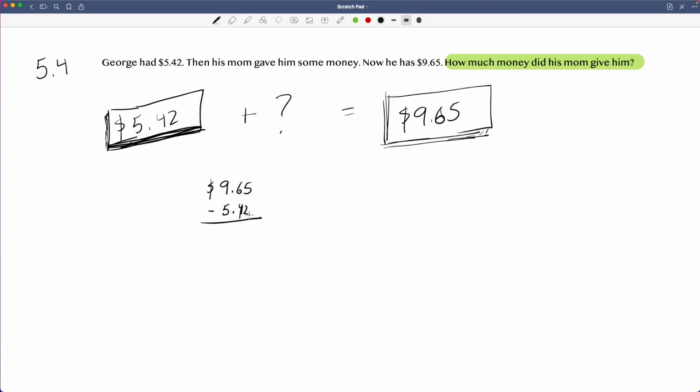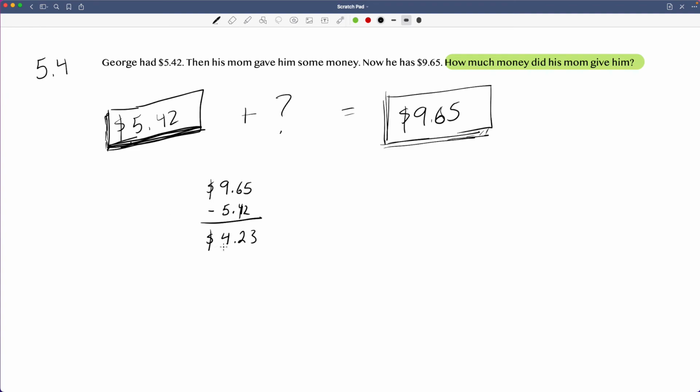So 5 minus 2 is 3, 6 minus 4 is 2, and 9 minus 5 is 4. And that's in dollars and cents. So his mom gave him $4.23 on top of his $5.42.